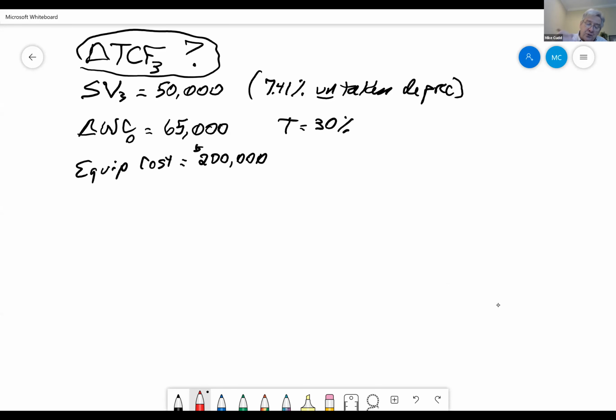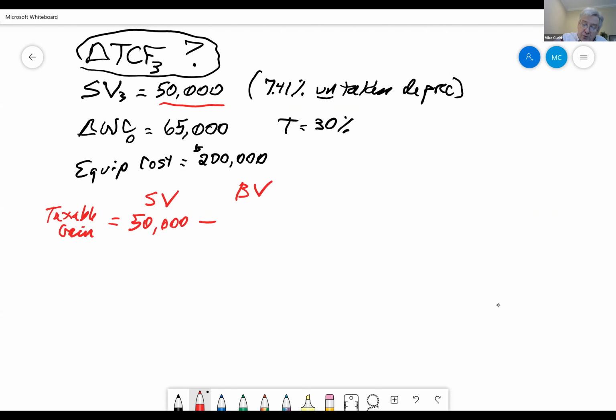Well, at the end of year 3, we expect to sell the equipment for $50,000, but that will produce a taxable gain because we're selling it for more than its book value.